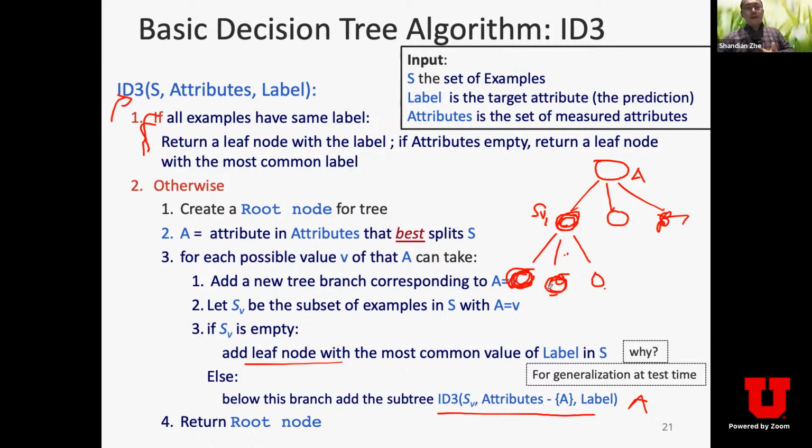Suppose all the examples in this subset have the same label. You get the leaf node. You finish the tree expansion. Now you return from here. And for this one, suppose it is empty, just stop here. So now you finish the recursive calling at this level. Now you return from here.